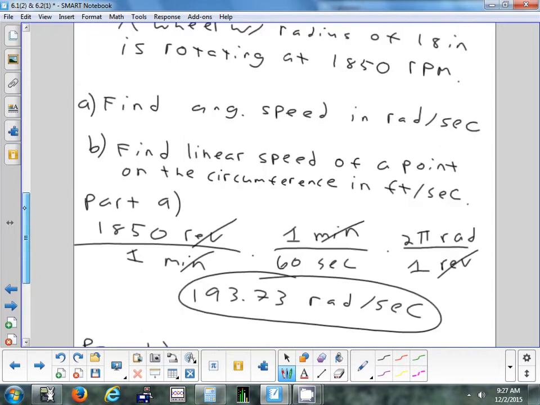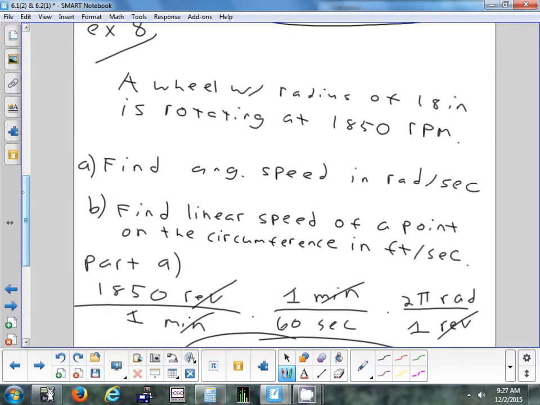Now, what's the difference between measuring a speed in radians per second versus measuring a speed in feet per second? What are we doing here? Versus if I said measure it in feet per second, miles per second, kilometers per second, that's all the same kind of thing. Well, isn't feet per second like a linear speed? That's linear, yep. And what about radians per second? Radians per second is angular.